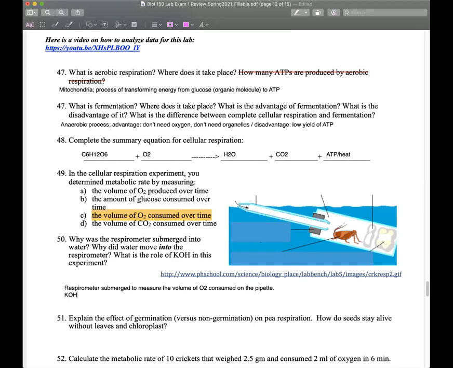What was the purpose of KOH? I believe it's to take away carbon dioxide. Right, so KOH eliminated the carbon dioxide from the setup. And how did it do that? How does KOH eliminate the CO2?